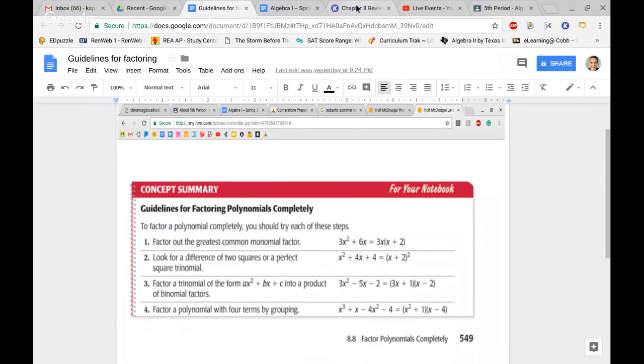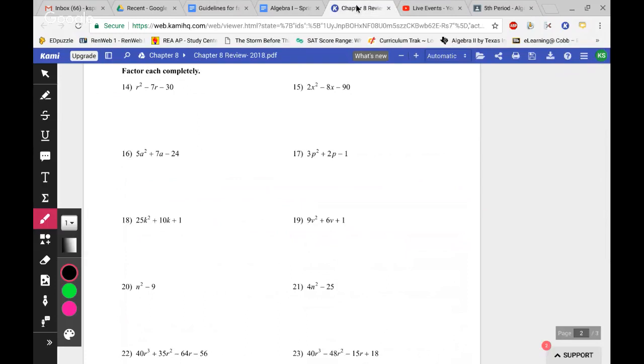I can pretty much tell you that there's not going to be a common factor, nor is this one going to be the difference of two squares or a perfect square. So that 1 and 2 aren't going to be in this particular one. However, factoring a trinomial in the form ax squared plus bx plus c into binomial factors is where we are on this one. So it's number 3 of that guideline.